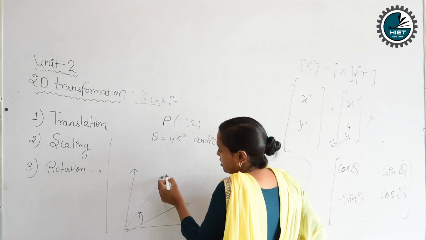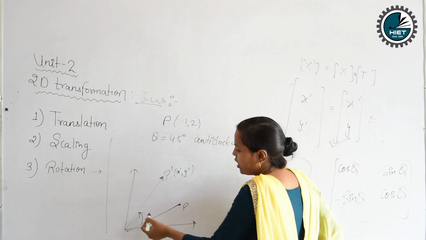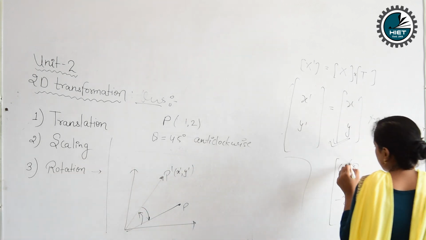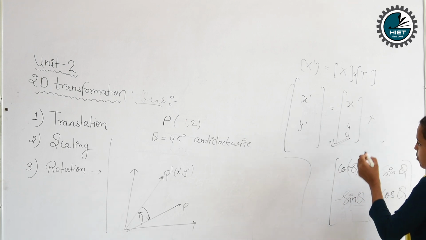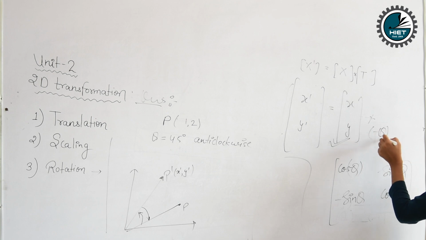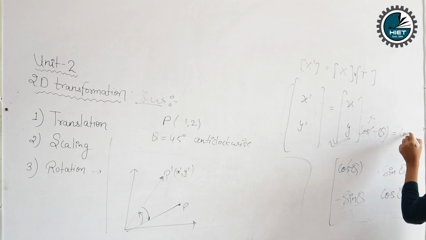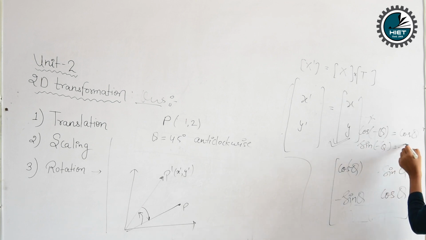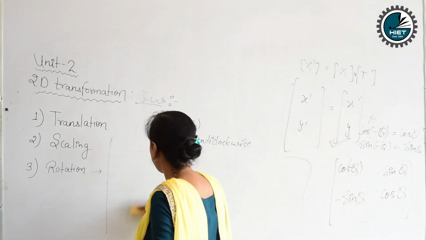The new point is P dash, x dash comma y dash. For clockwise rotation, we put minus theta in place of theta. So cos of minus theta is cos theta, and sin of minus theta is minus sin theta.